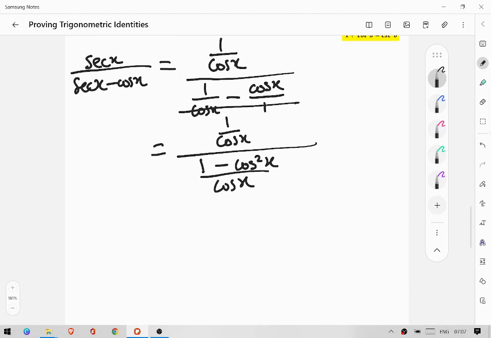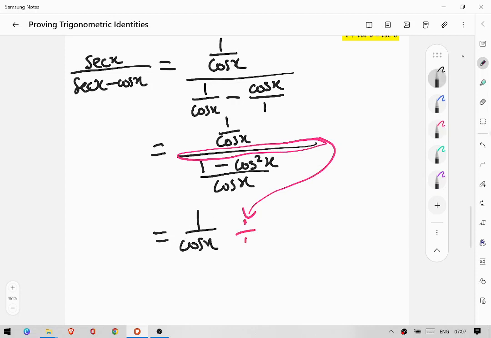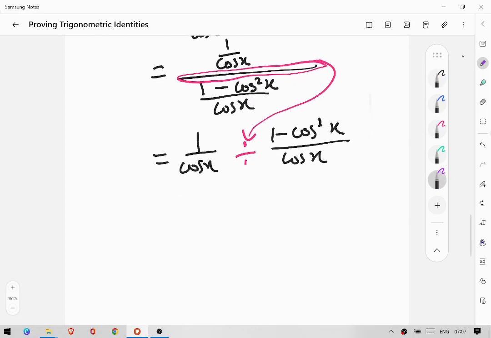Now once we have this form, what to do? I like to change this line into a division sign. Therefore 1 over cos x divides 1 minus cos squared x over cos x. Then what's next?